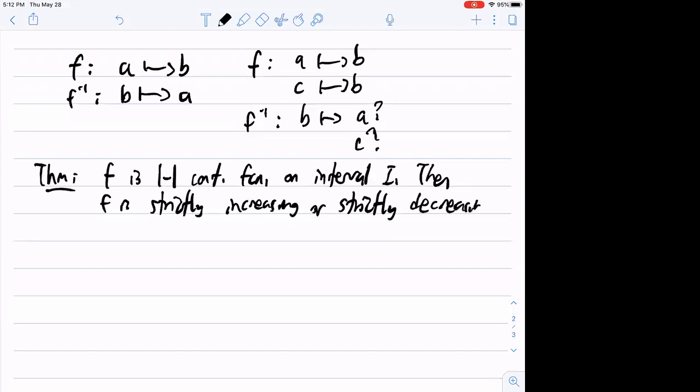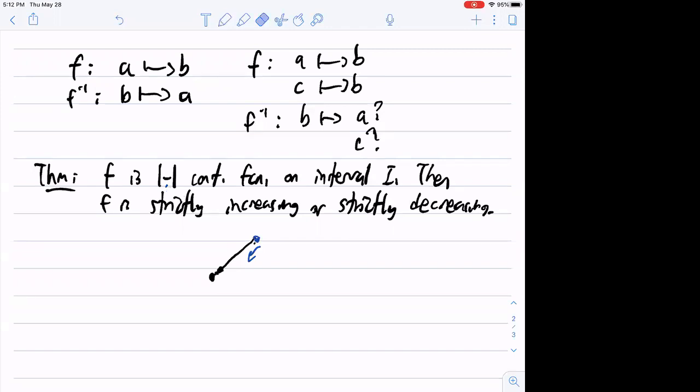There's a quick proof of this, and it's by drawing. Let's say I start at a point here. If I go to the next point, I mean, there's no really next point, but if I'm increasing here and then I go back, I won't be one-to-one, because two points will map to the same thing. So you see I have to keep going up, because if I ever go back down, the one-to-one property fails.